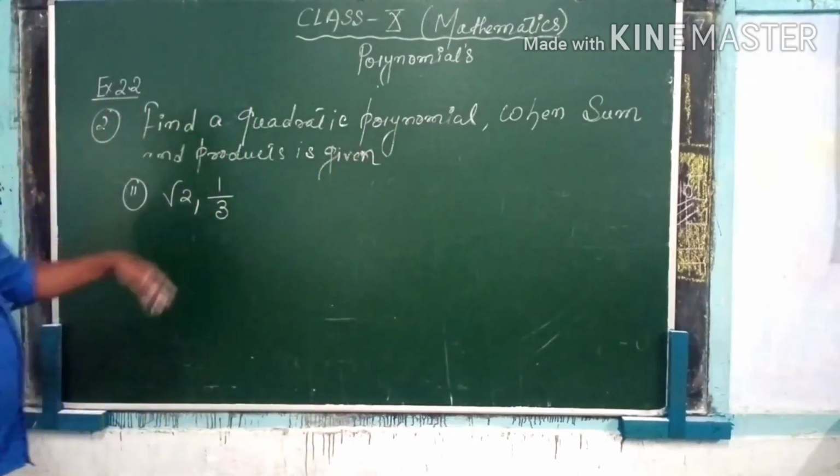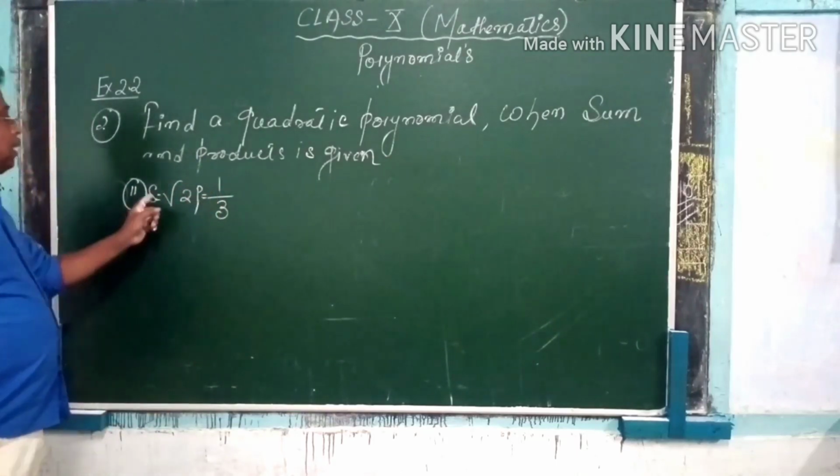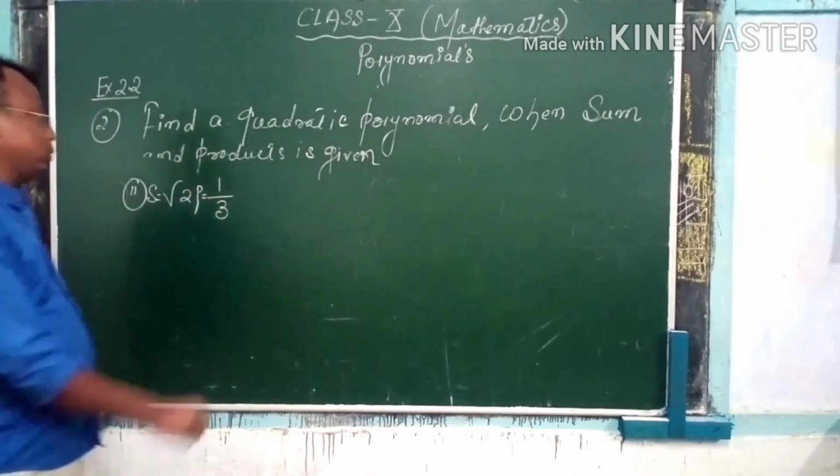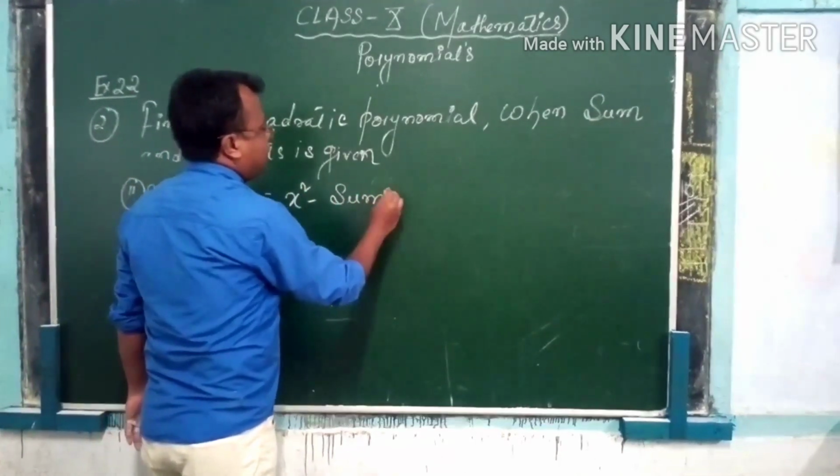So root 2 and 1 by 3, this is the sum and this is the product. Sum is root 2 and product is 1 by 3. Similarly we can do it, we know how to form the quadratic polynomial.